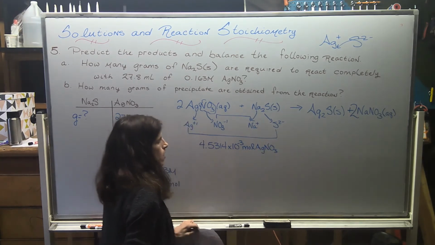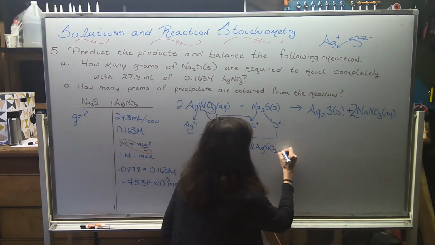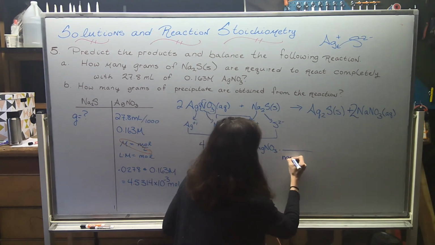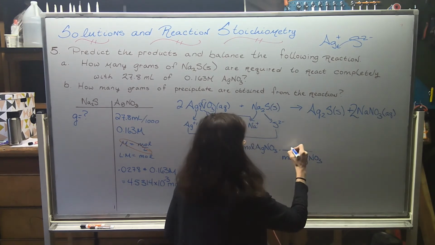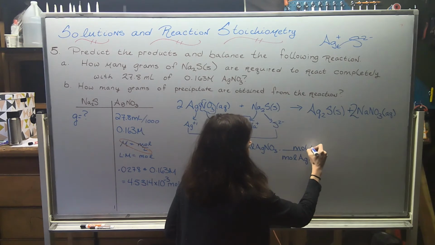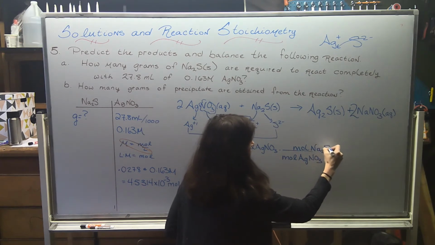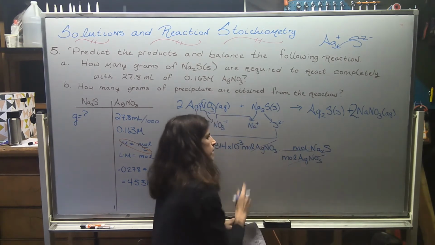And I want to get rid of moles of silver nitrate. And I'm trying to figure out how much sodium sulfide I need. So I'll do moles of sodium sulfide in the numerator. So that's canceling with that.